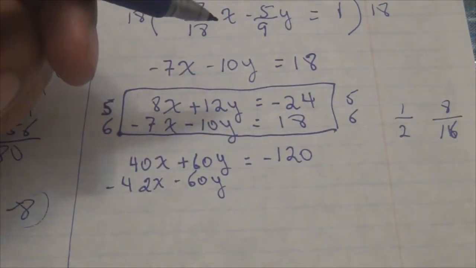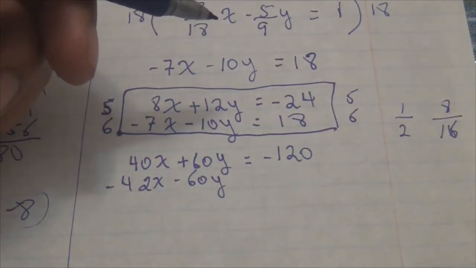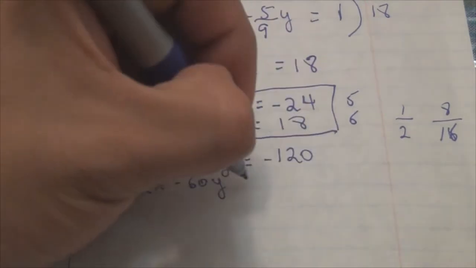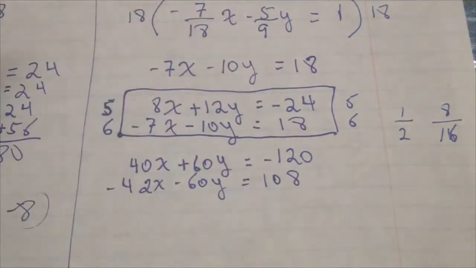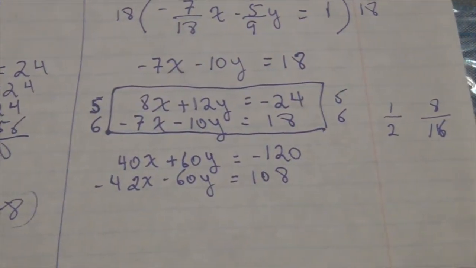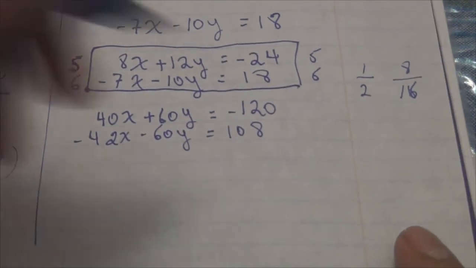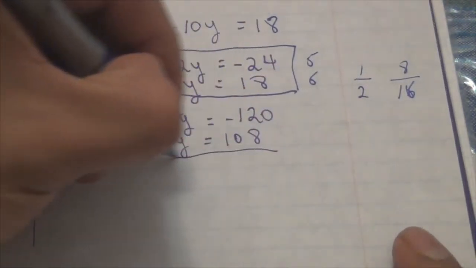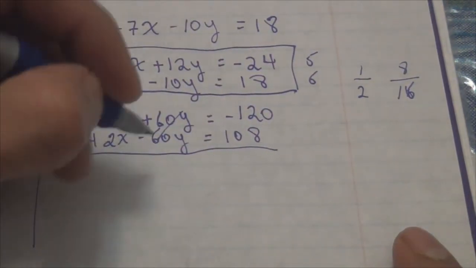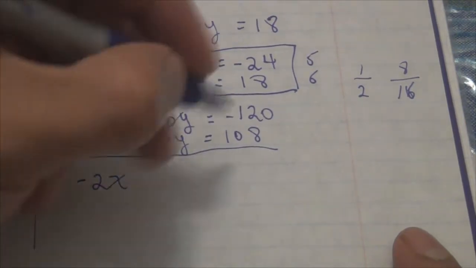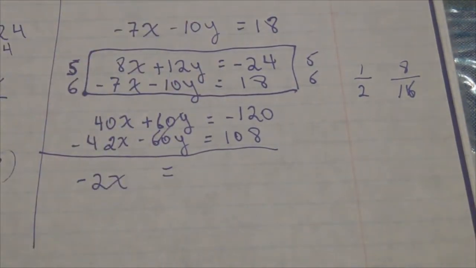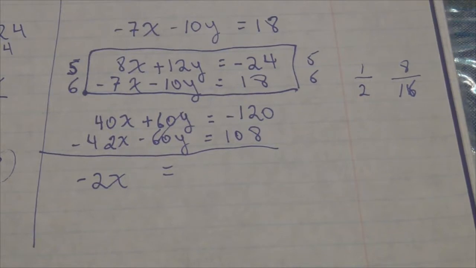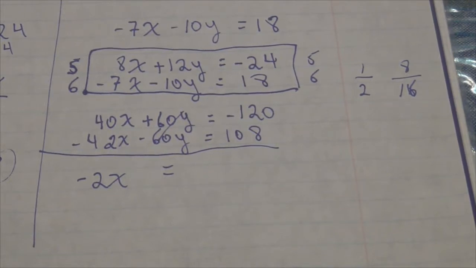And what is 18 times 6? That's 108. Woo. Now we eliminate. So 40 minus 42 is negative 2x. 120 minus 108, or 108 minus 120. It's negative 12, right?